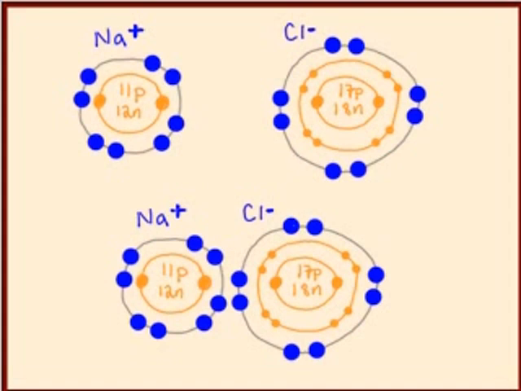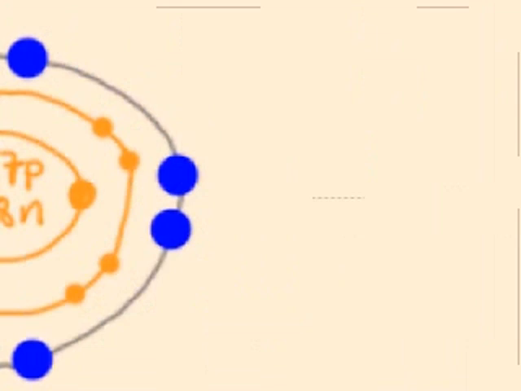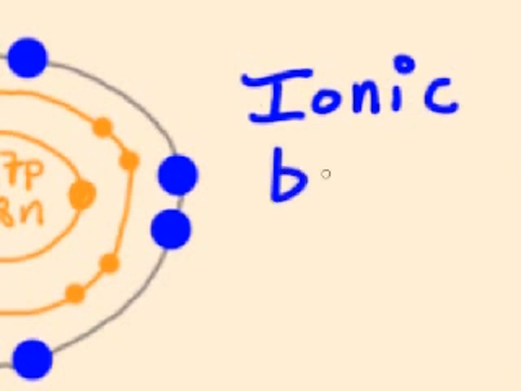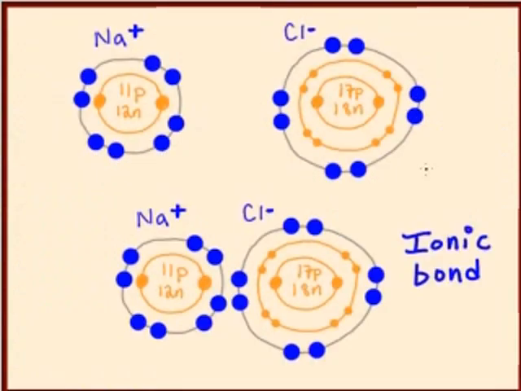This type of bond, in which particles of different charges are attracted to one another, or in which ions are attracted to one another, is simply called an ionic bond, which makes sense. This is an ionic bond. And again, in an ionic bond, there is no sharing of electrons.